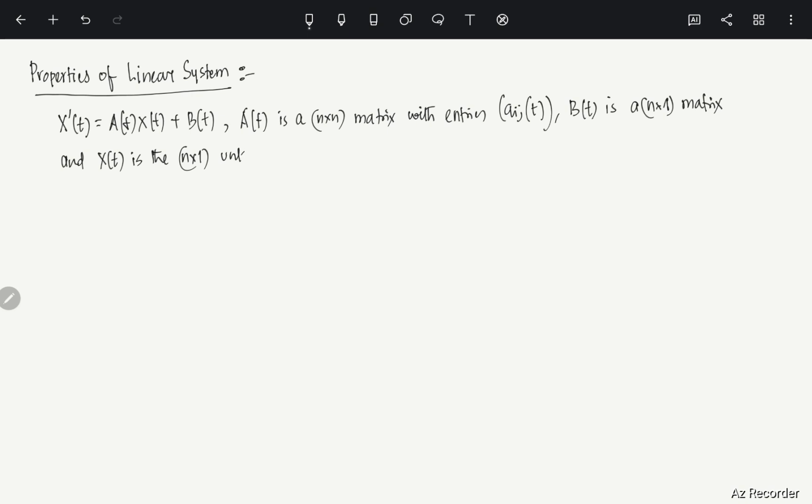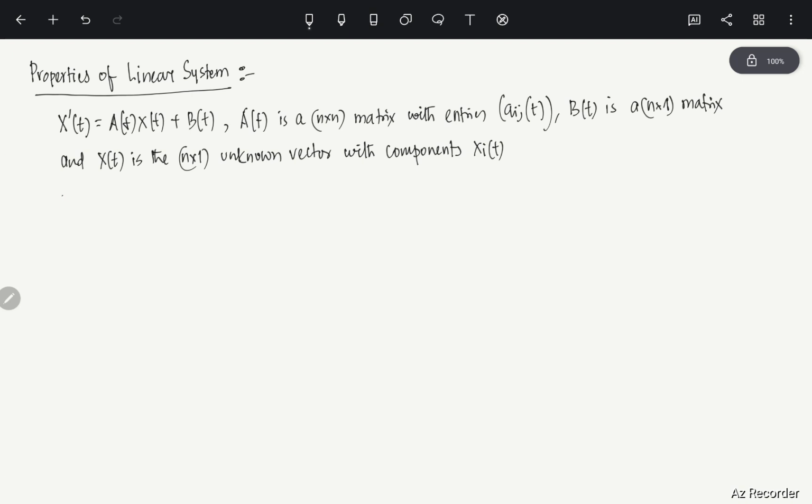So what are the components of x of t? The components should be xi of t essentially. Okay, so let's just write it down properly and that will make it more precise.